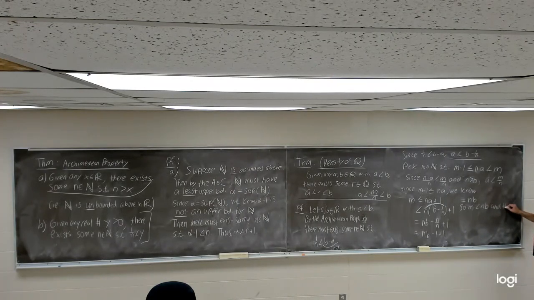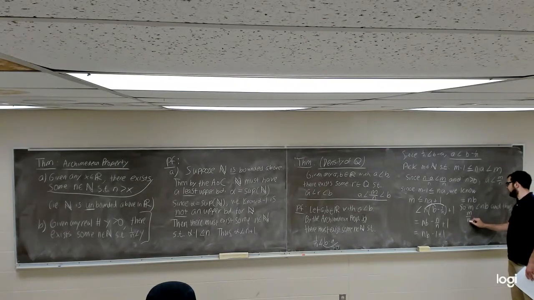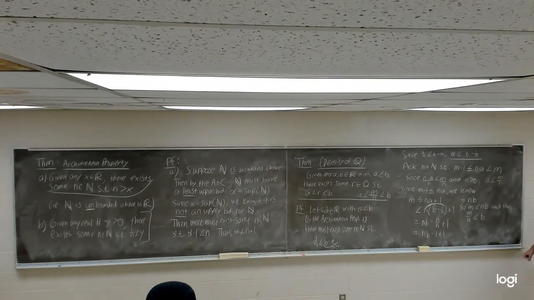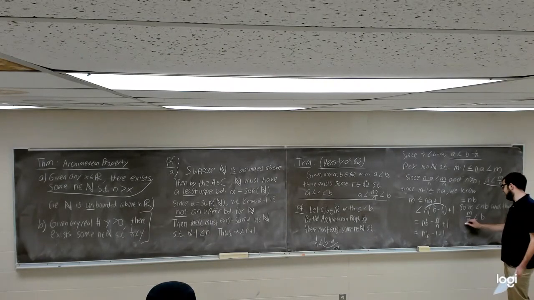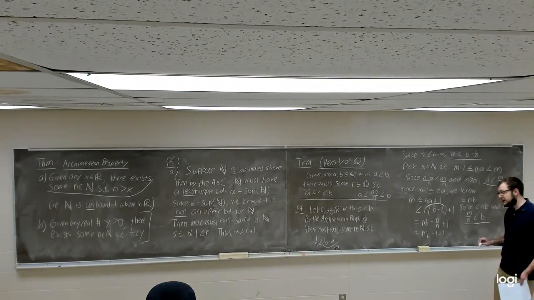And thus, here's our last step. I'm just going to divide both sides by n. m divided by n is less than b. And that was the other thing we needed to prove. We showed that m over n has to be strictly greater than a and strictly less than b.